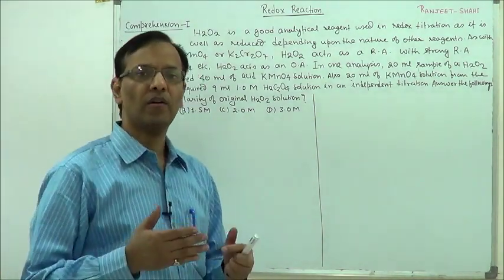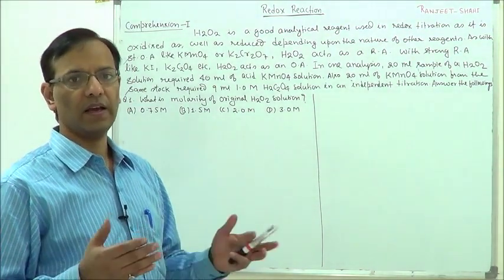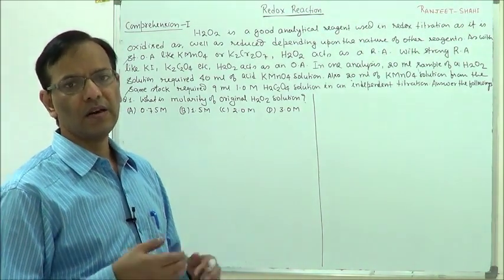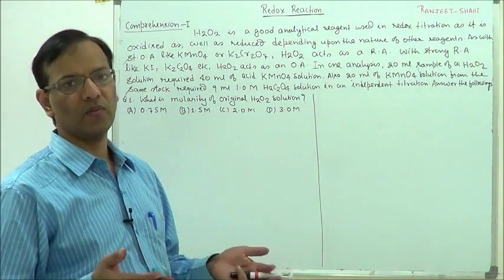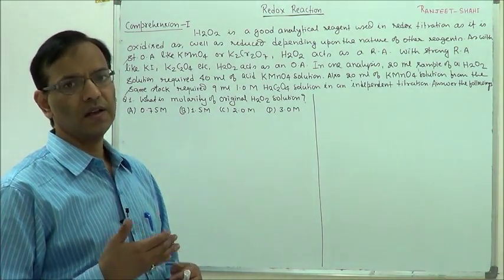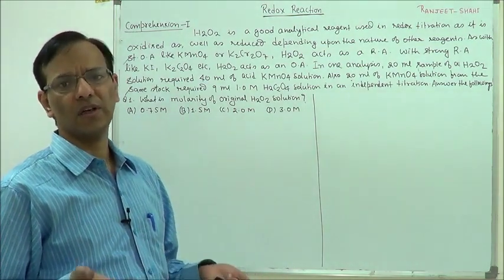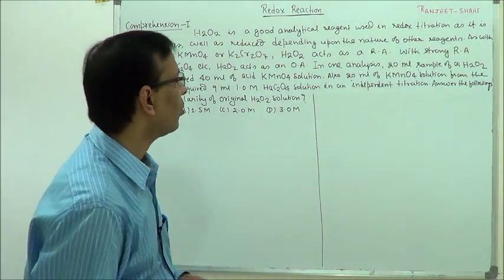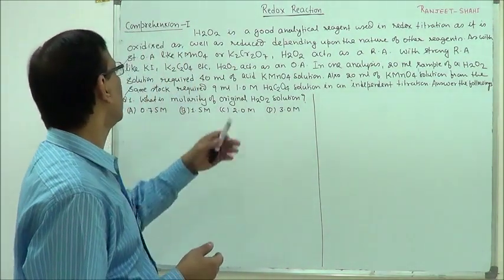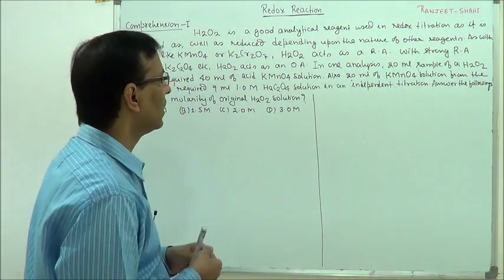Whereas when it reacts with a strong reducing agent like KI, potassium oxalate, it gets reduced and therefore acts as an oxidizing agent. Then a typical titration information is given.